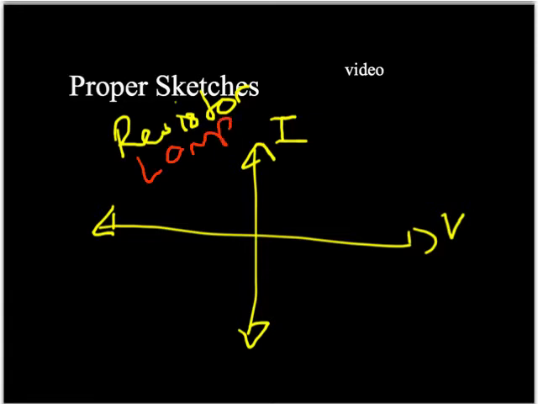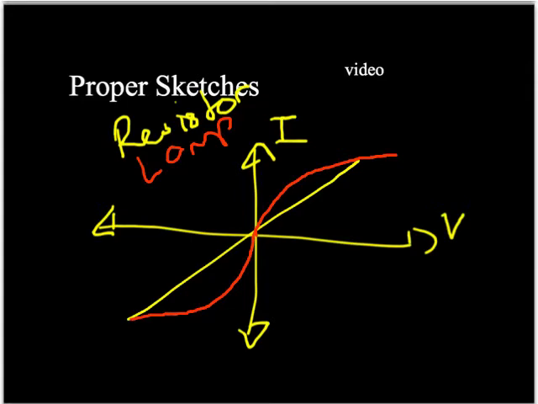Draw the resistor one back. Actually, I'll make the resistor one yellow. Resistor's nice and straight. The lamp is actually going to be a curve, like that. And for the other way, it's going to be similar. Remember, this is just a negative voltage. This is just turning the connections around.